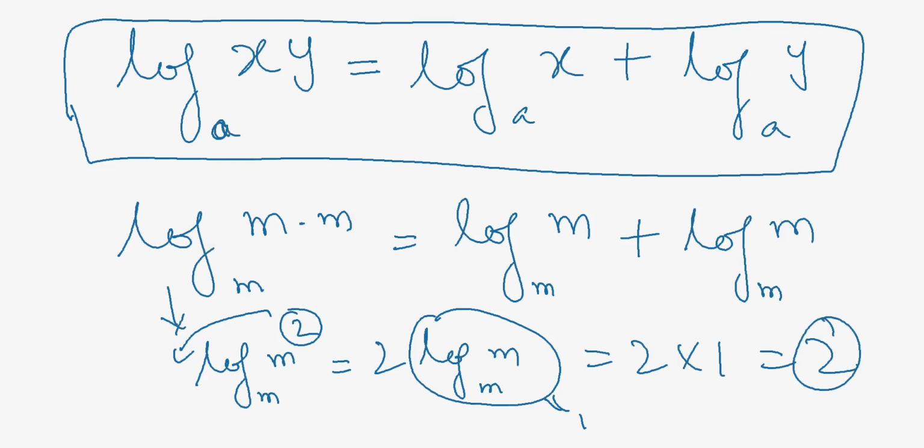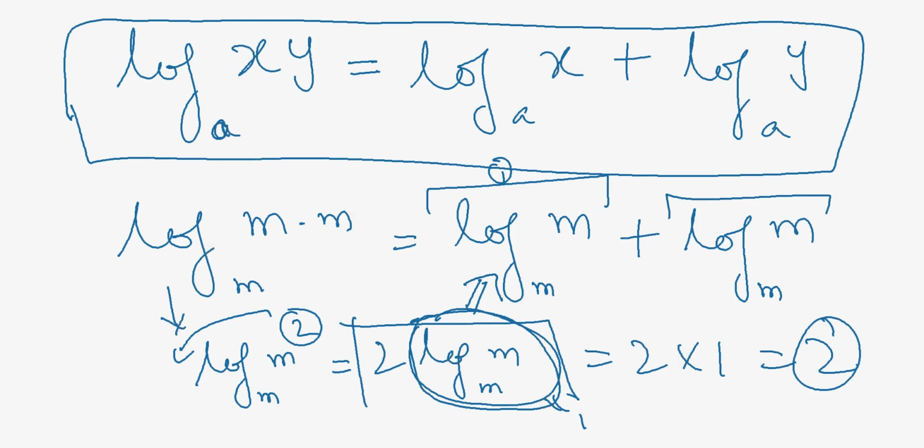From there, this whole quantity we split into 2 pieces: addition of log m to the base m with itself. That actually proved this. We have written this whole quantity 2 as one part, 1 time, 2 times. You get that? Then this proved this.